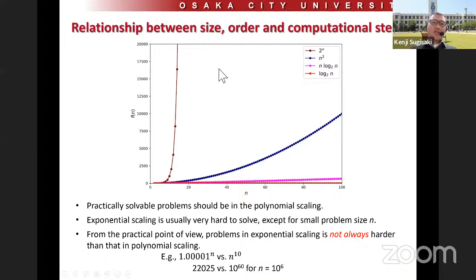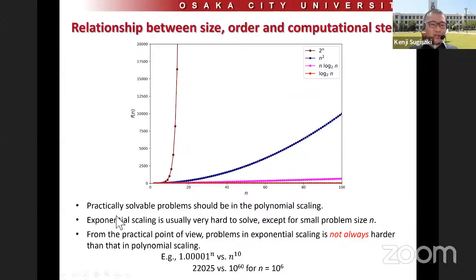So, roughly speaking, a practically solvable problem should be in the polynomial scale. I mean, if the computational scale is something like order 2 to the nth power, it can be solved for small n, but it becomes impractical if n becomes very large, because f(n) easily reaches an astronomical figure, even for small n.